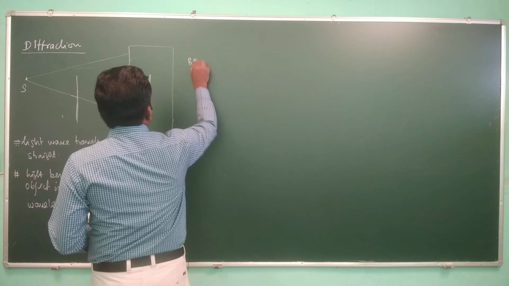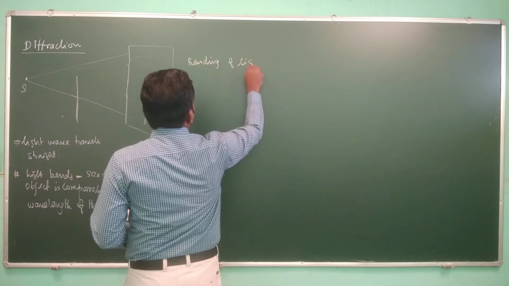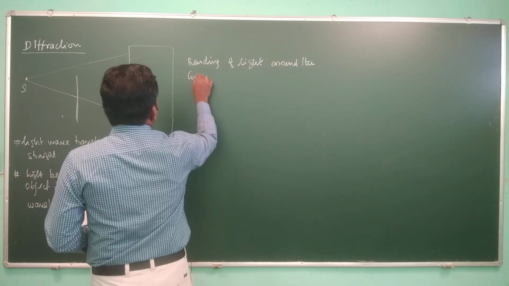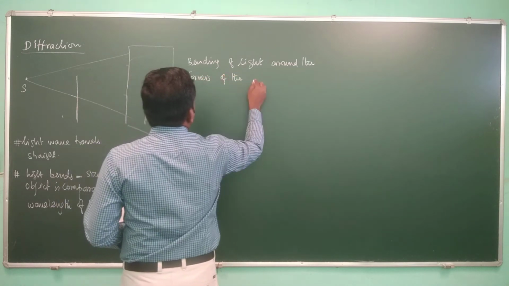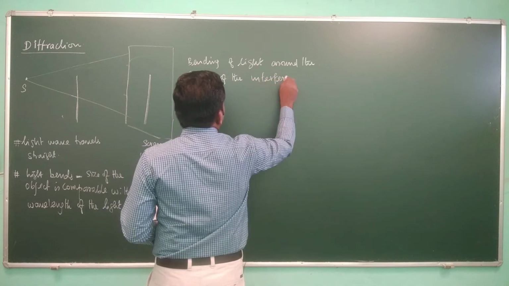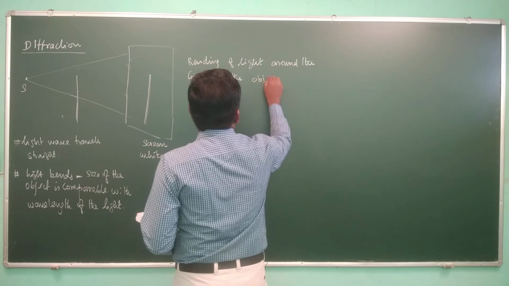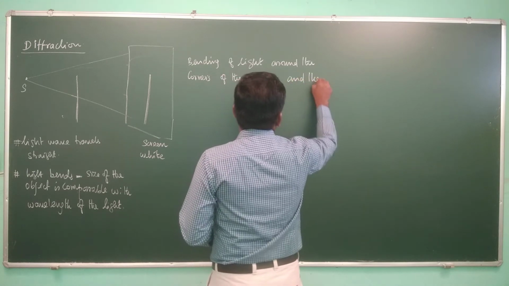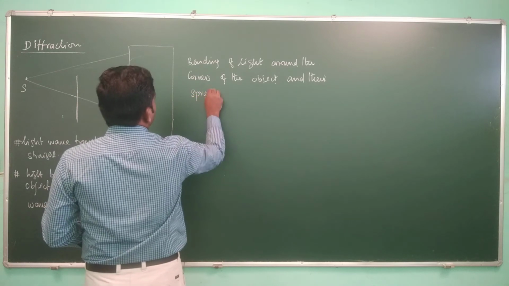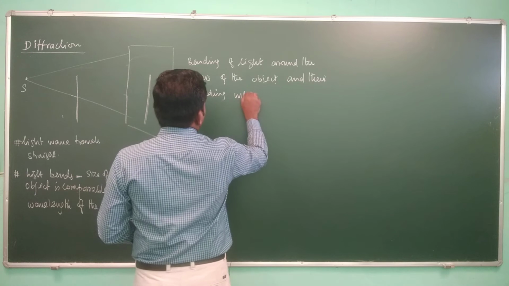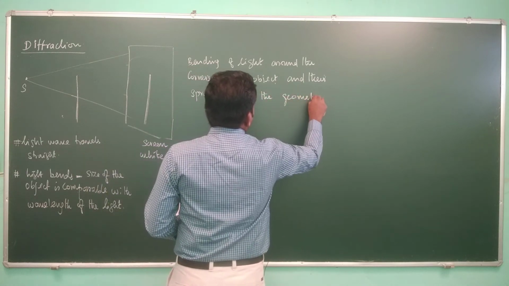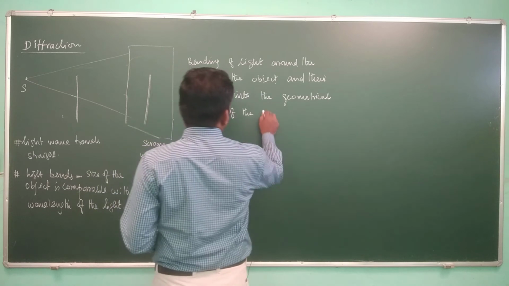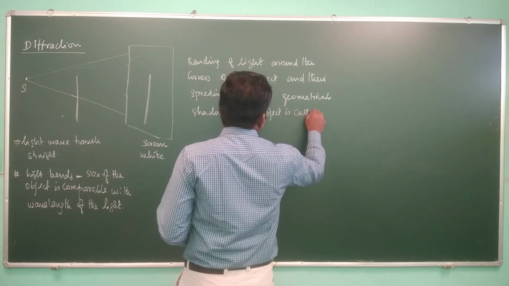So what is diffraction? Diffraction is the bending of light around the corners of the object and the spread of light into the geometrical shadow of the object.